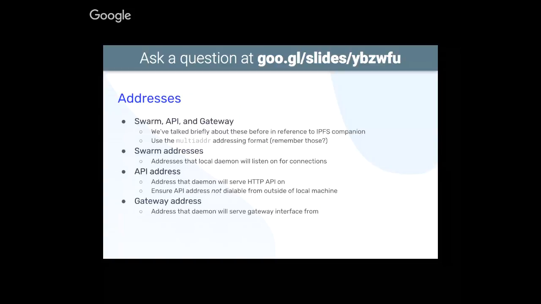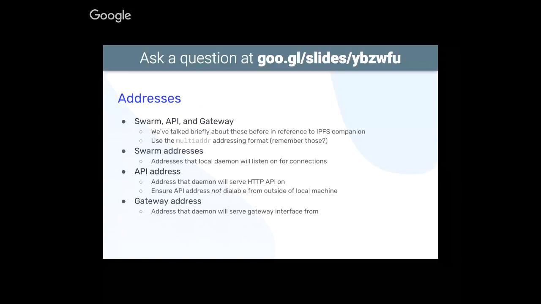So for instance, when you access IPFS files over at ipfs.io/IPFS/the hash that you are looking for, which we've done quite a bit in this course, you're actually accessing a public gateway that's run by the IPFS community. It's actually a set of machines that are running public gateways.